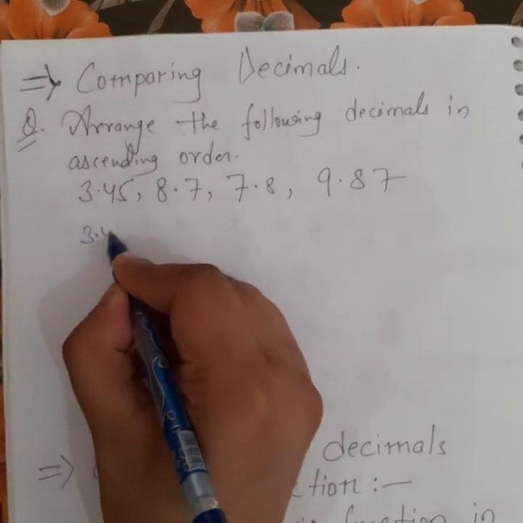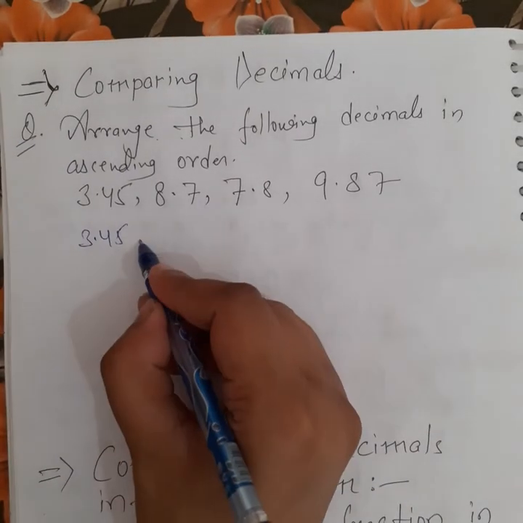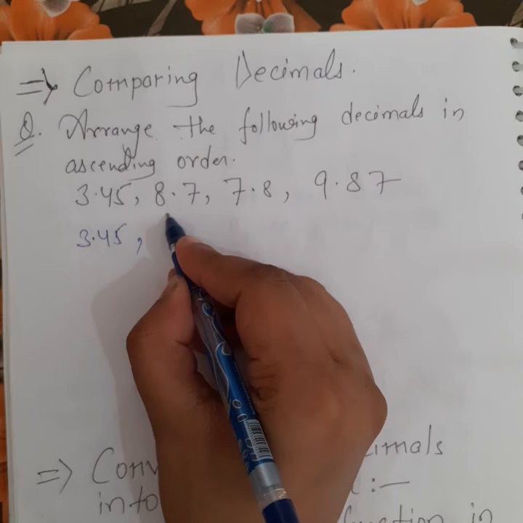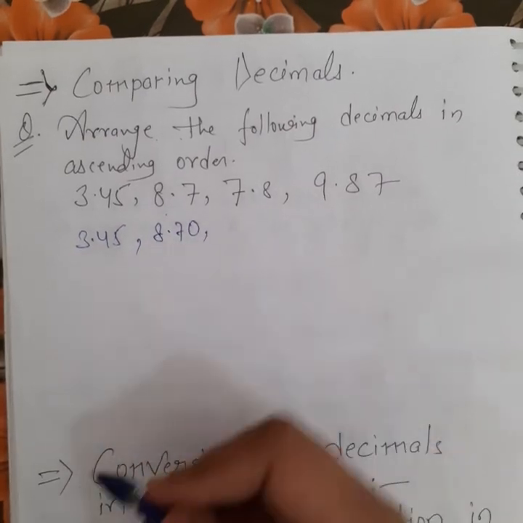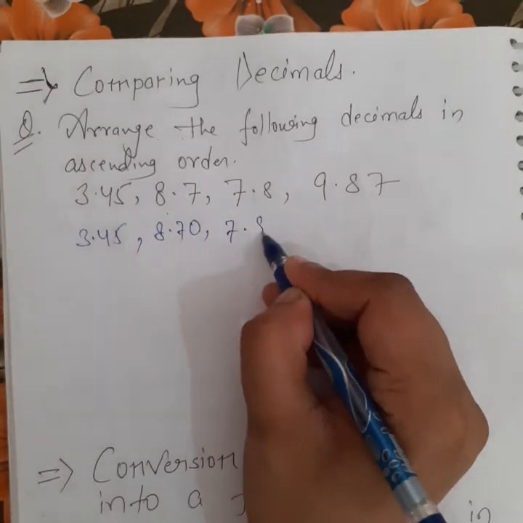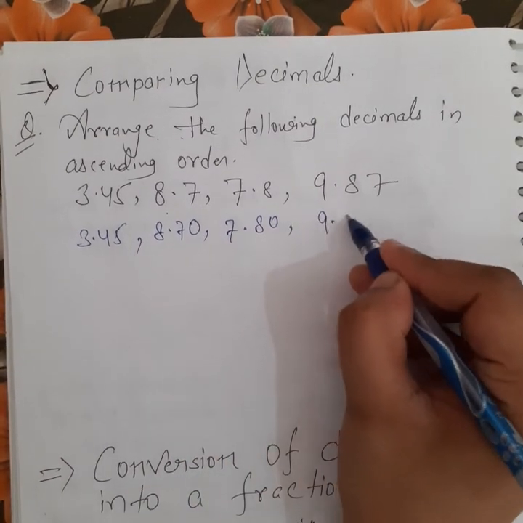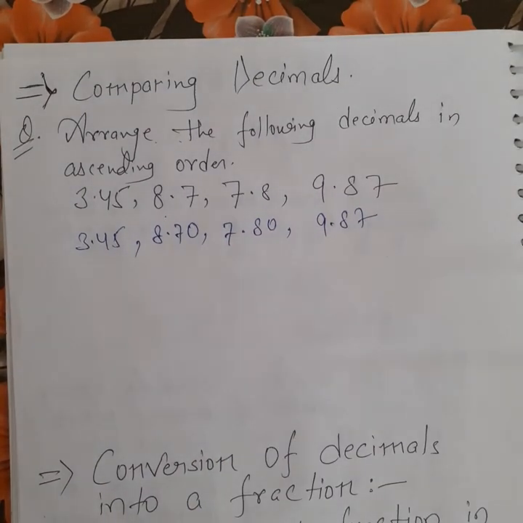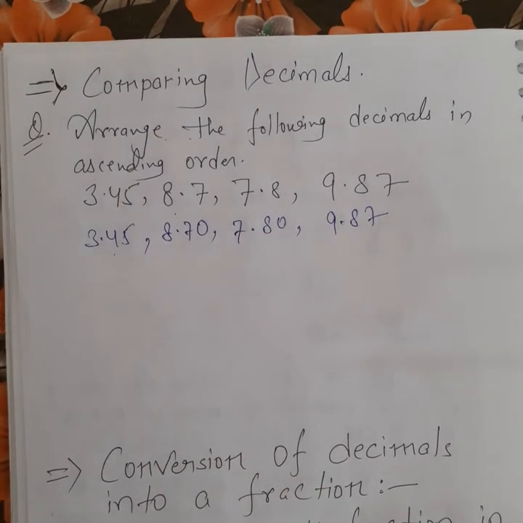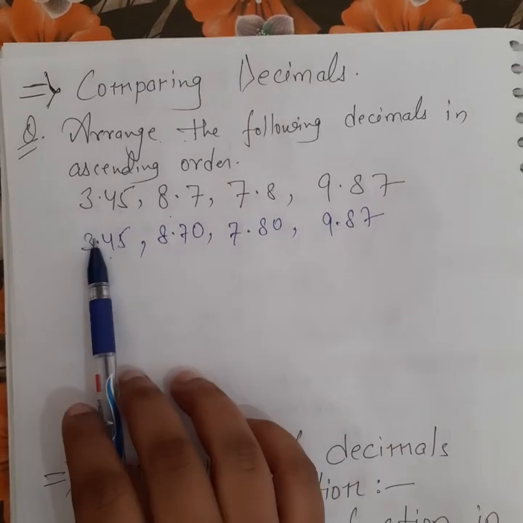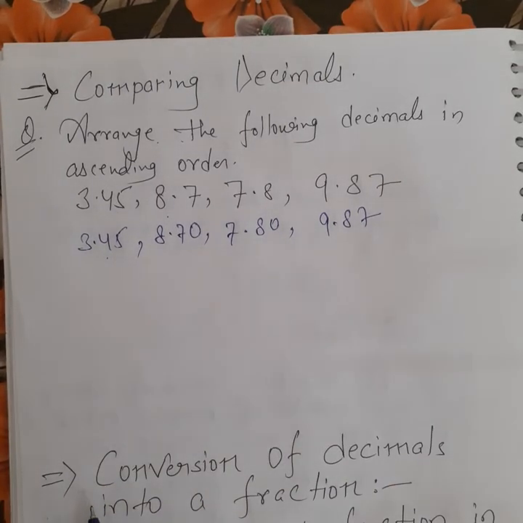So this is 3.45. Now we change 8.7 into 2 decimal places. It becomes 8.70 and this becomes 7.80. Now all decimal numbers have 2 decimal places, so these are like decimals. Now we arrange these decimals in ascending order.